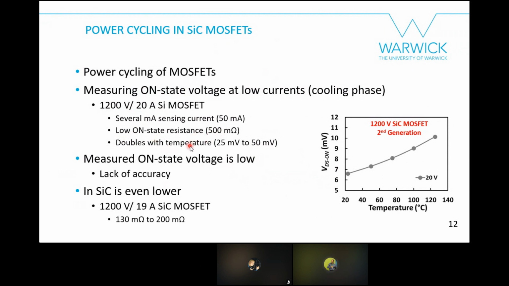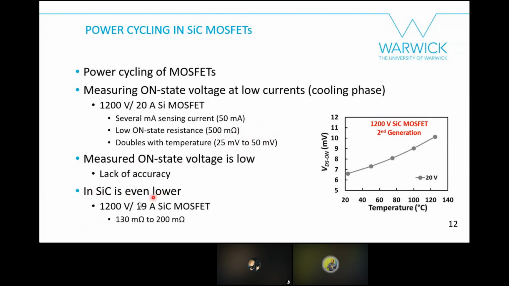Assuming that the resistance doubles with temperature, your measured voltage range for the whole temperature range is going to be 25 millivolts, which is not the best resolution range for measuring temperature. So your measured on-state voltage is going to be low, and this means lack of accuracy for determining your temperature.